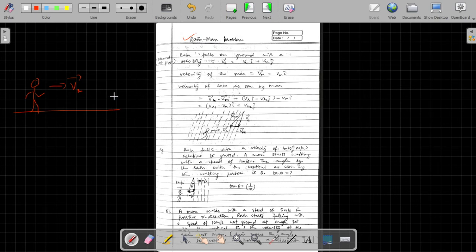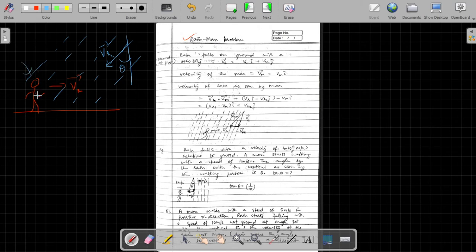The purpose of the Rainman problem is to determine, if rain is falling at some angle with respect to vertical, what is the velocity of the rain as seen by this particular person.